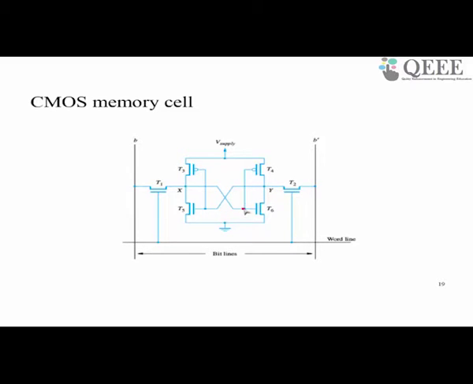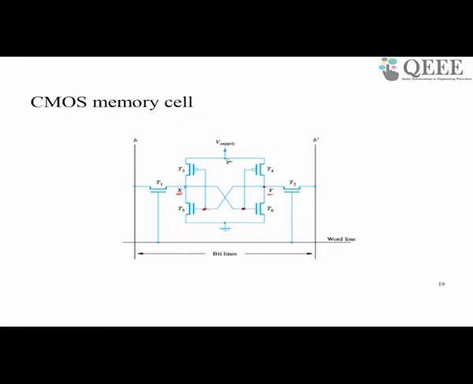For example, the input to this inverter is the one connected to these gates, and the output is taken at this point, which is Y. Whereas for this inverter circuit, the input is the one connected to these gates and the output is X. We can easily see that it is cross coupled, because the input of this inverter is connected to the output of the other inverter, and the input of the other is connected to X. So basically it is cross coupled.